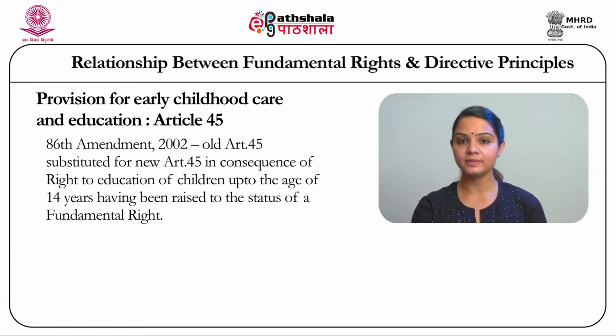The law that remains today provides for early childhood care and education to the children up to the age of 6 years. Therefore, it is a directive which has been provided to the state in order to ensure that the tender age of children is taken care of.